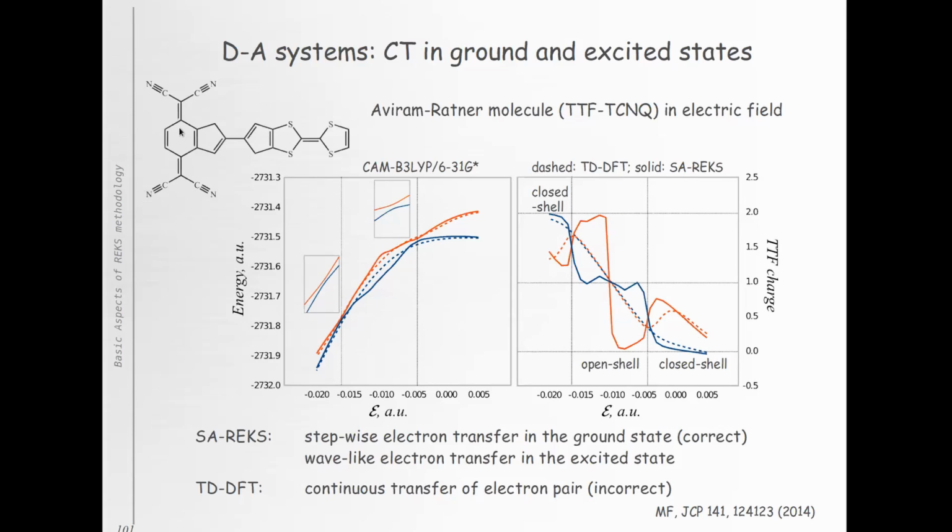In the beginning, it's electrically neutral. As the electric field strength increases, the first electron is transferred, so the charge on TTF goes from 0 to 1. And then as it increases further, the second electron is transferred to the acceptor unit. So this is in the ground electronic state.